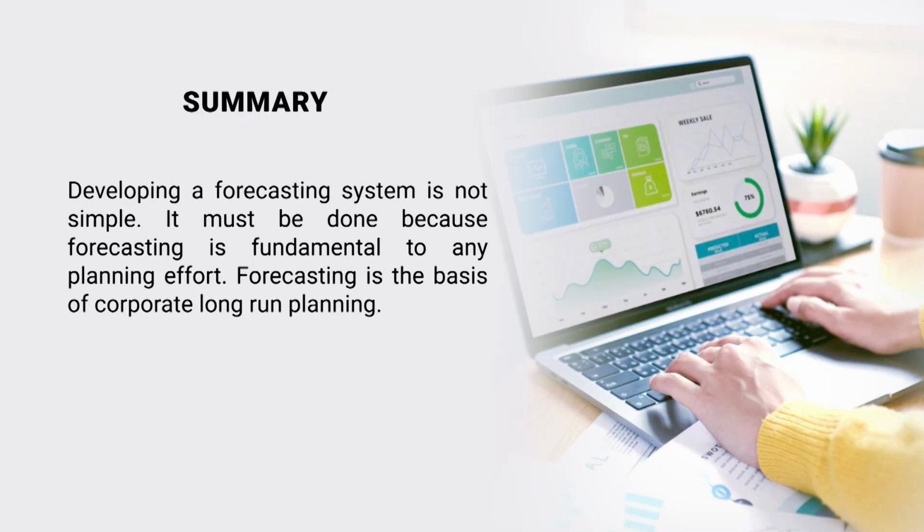Developing a forecasting system is not simple. It must be done because forecasting is fundamental to any planning effort. Forecasting is the basis of corporate long range planning. In corporate planning, we have to know what type of finance we need, what type of product we have to launch, and what the feasibility of the product is. What will be the technologies and the engineering to use?